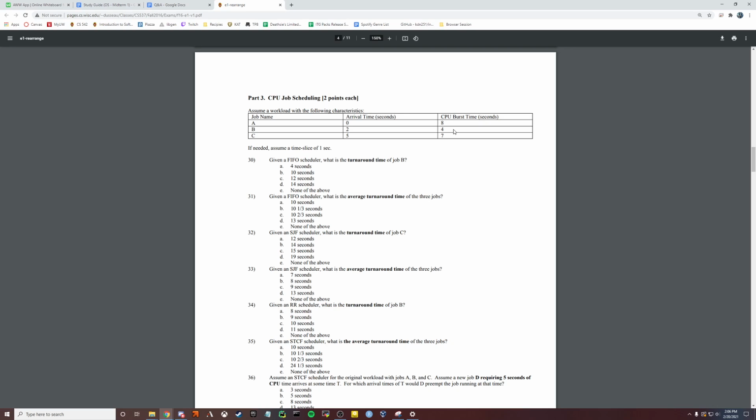Each time a job arrives, we have to recalculate the time slice we give to each one. The time slice is always 1 second, but where they line up, I think it's recalculated. C would arrive before B completes, but it's not shorter, so I think B would be faster.